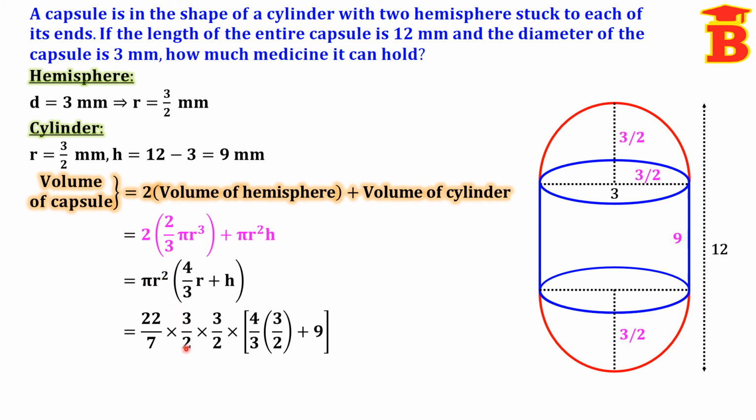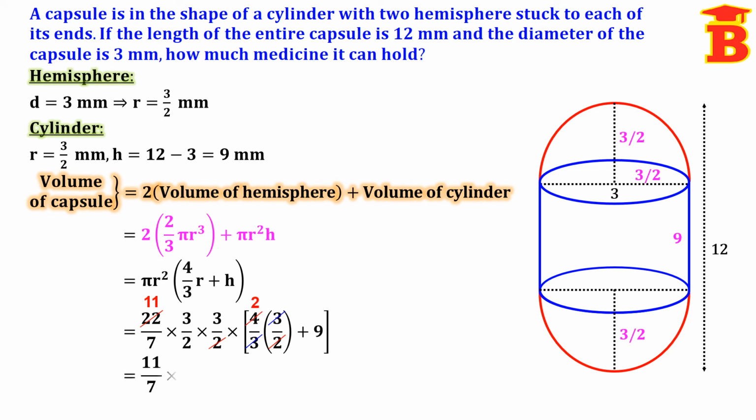So we write 3 by 2 into 3 by 2 into this bracket, 4 by 3 into r value 3 by 2, plus h value 9. Here we can cancel this 2 and 22, 11 times, then we can cancel this 3 and 3, and then we can cancel this 2 and 4, 2 times.